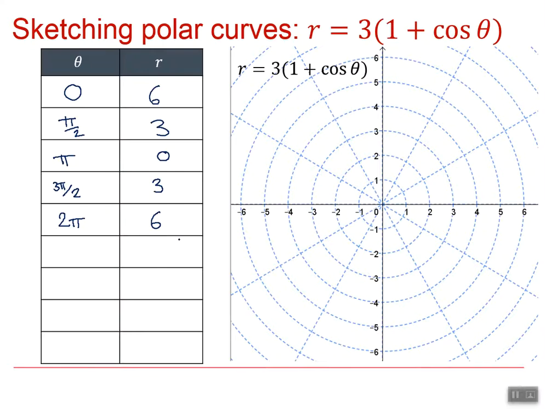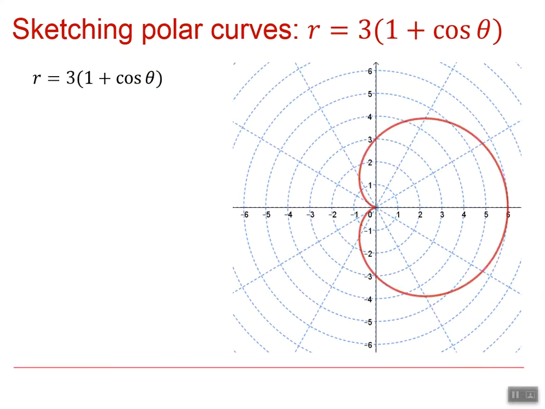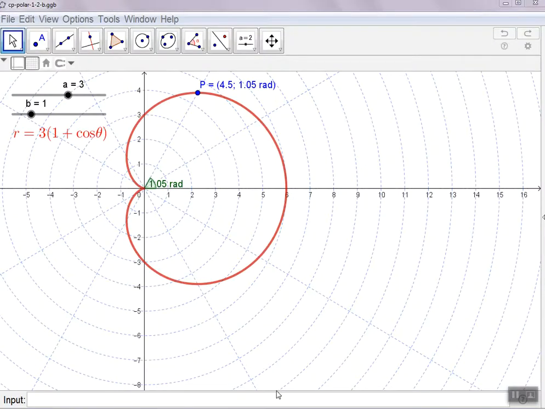So we're now going to look at what this curve looks like. And it looks like that. It's called a cardioid, and we can see that r oscillates from 3 by plus or minus 3. And we can see here's the sketch there. If we change some of our variables here, we can change this curve.